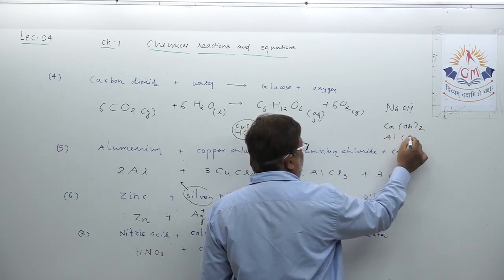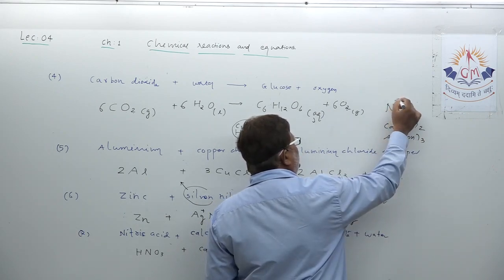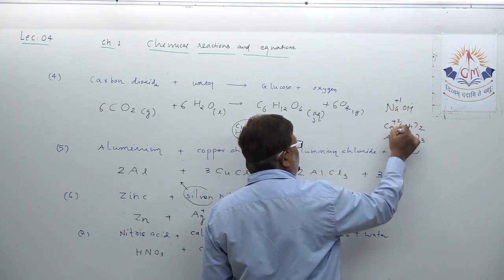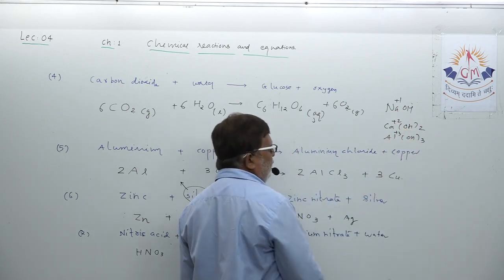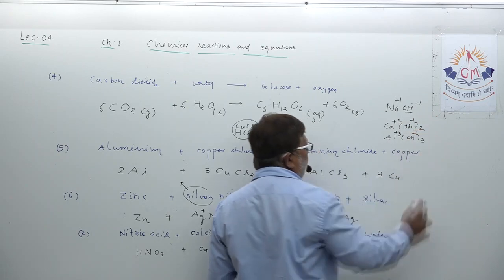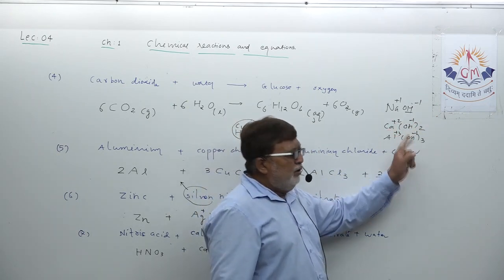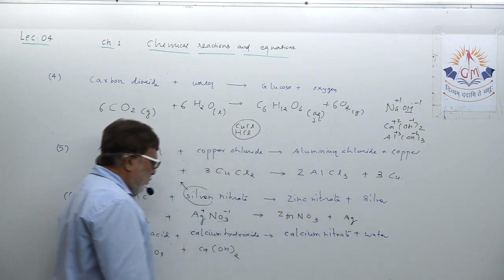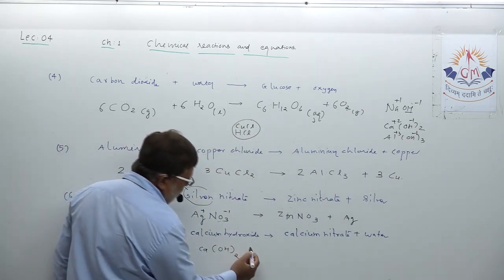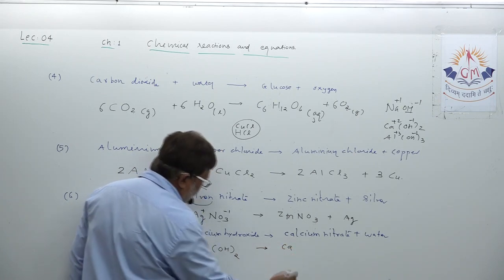Aluminium hydroxide, you will write Al(OH)3. Why? Because of valency plus 1, plus 2, plus 3. You understood this? The hydroxide ion has valency minus 1, minus 1, minus 1. So plus 2, minus 2, plus 3, minus 3. This way the formula can be designed. Gives calcium nitrate.